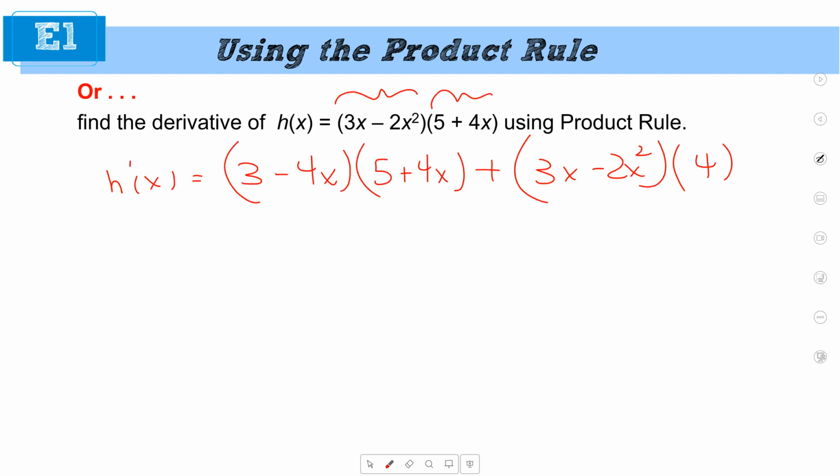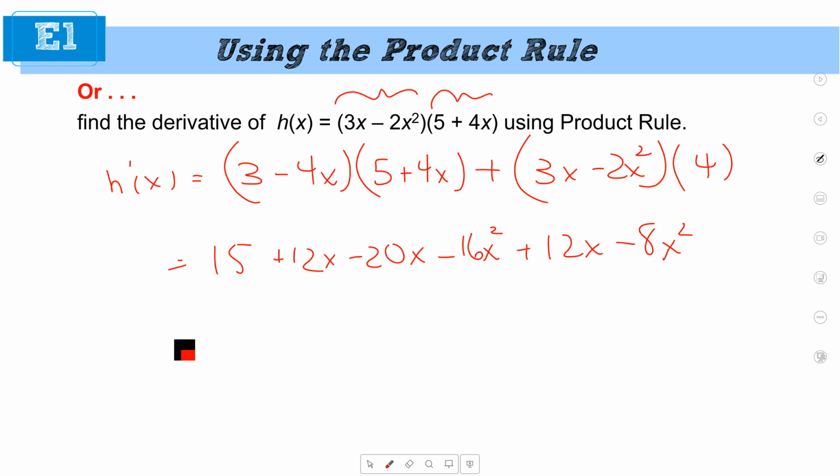Negative 24x squared takes care of that and that. I've got 24 plus 4x. That takes care of that, that, and that. Plus 15. Is that the same thing? It is. Oh, good. Okay, same.